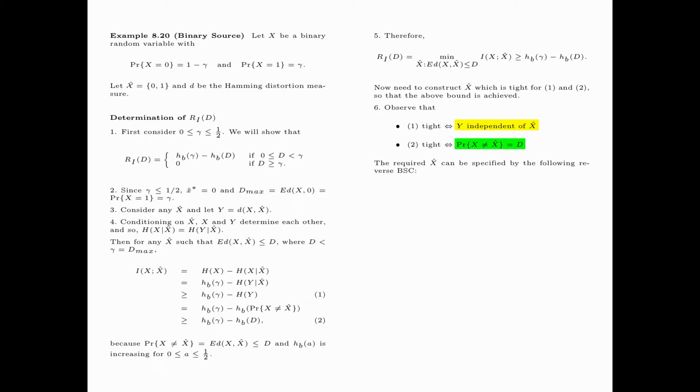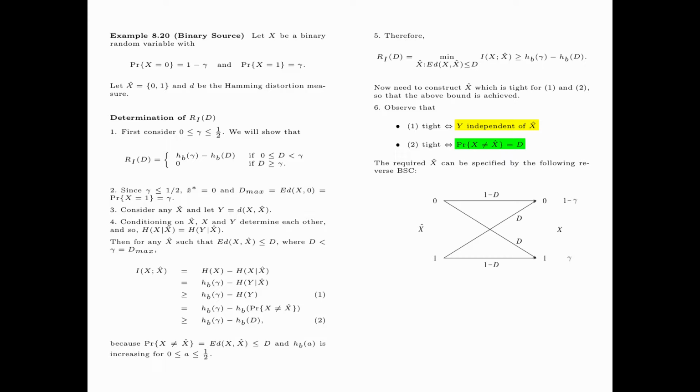Now recall that in order to specify the random variable X hat, we can specify the joint distribution of X and X hat such that the marginal distribution of X is exactly equal to the given source distribution for X. Thus, we are motivated to start with the random variable X hat, pass it through a certain channel to obtain the random variable X. In order for this to work, we need to specify the distribution for X hat and the channel such that the output distribution is exactly equal to the source distribution for X. That is, the binary distribution consisting of the probability masses 1 minus gamma and gamma.